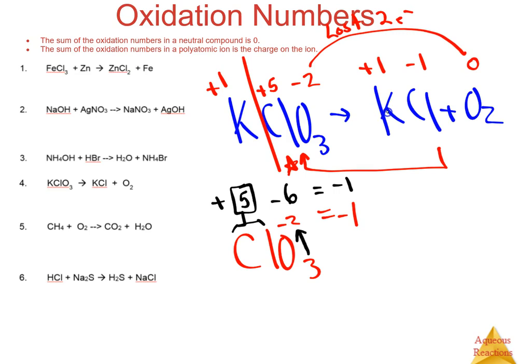But the thing we're losing and gaining is a negative. It's okay. It's confusing. You just got to be patient on this one because it is confusing. All right. A +5 goes to a -1. So chlorine definitely became more negative, which means it gained. And it gained 6 electrons, right?